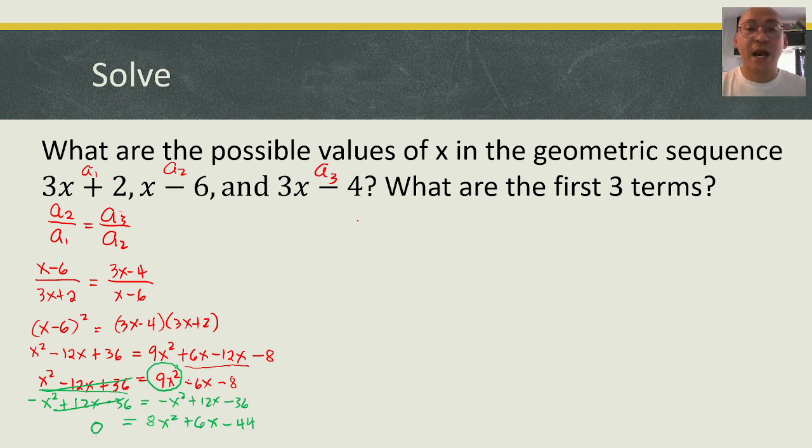Alright? So let us rewrite now our new equation. We have 8x squared plus 6x minus 44 is equal to 0. So if there's a possibility that we can make this equation a smaller number, simplifying it by dividing all by the common factor, which is 2, we can have now the new equation of 4x squared plus 3x minus 22 is equal to 0.